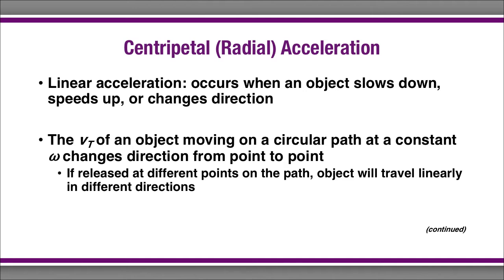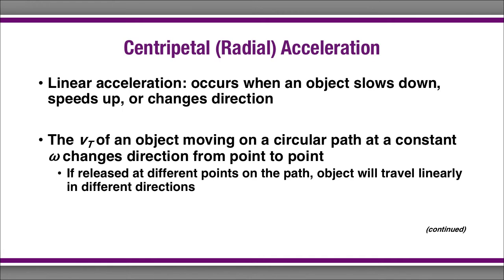Because we know that linear acceleration occurs when an object slows down, speeds up, or changes direction, we can apply this to angular motion: the v sub t, or tangential velocity, of an object moving on a circular path at a constant angular velocity changes direction from point to point.